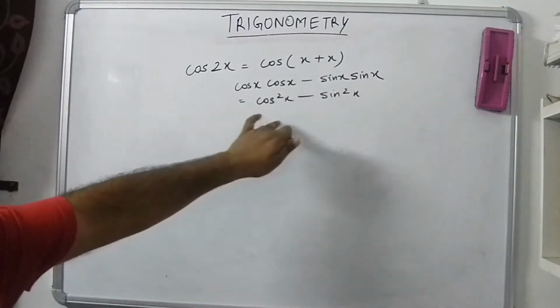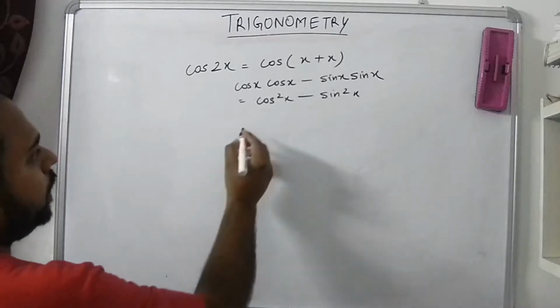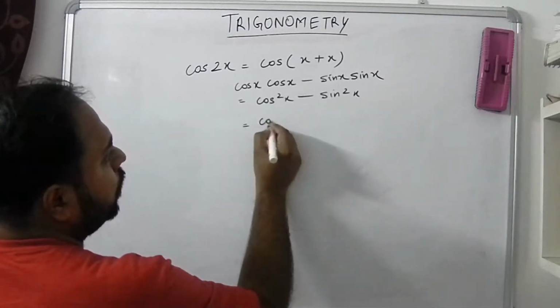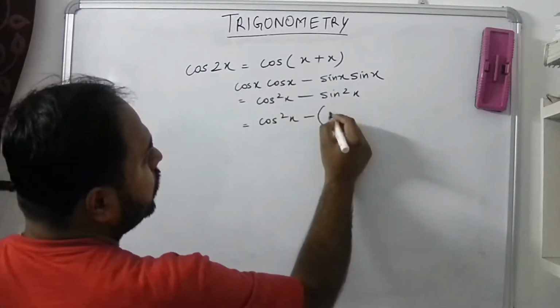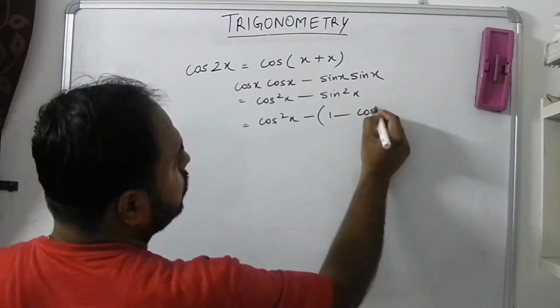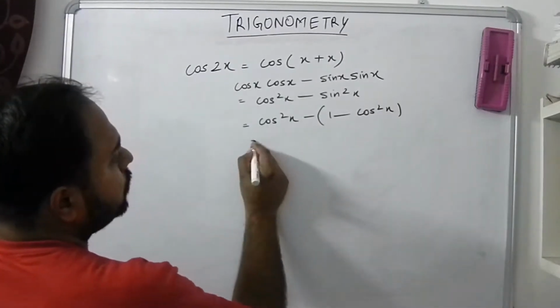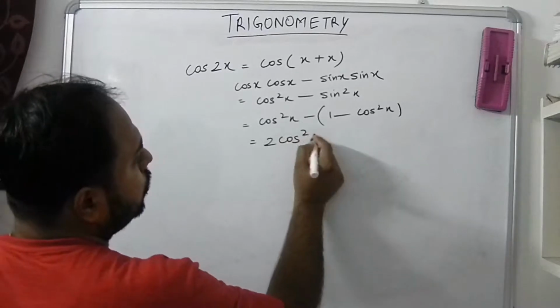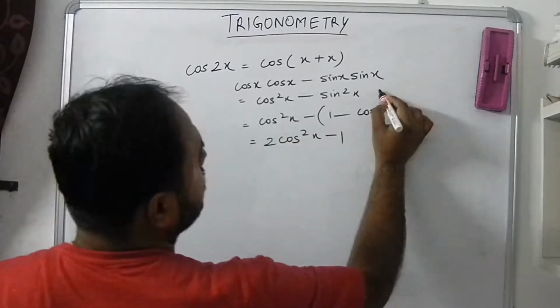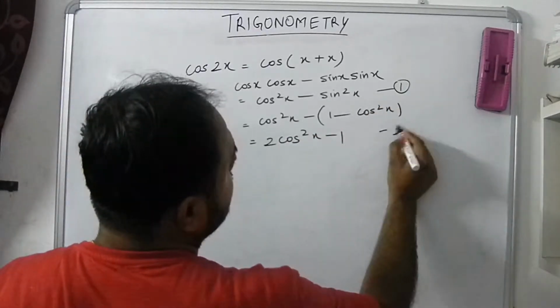Now we know that sin square x plus cos square x is 1. So we can replace sin square x by 1 minus cos square x. It becomes positive, so it becomes 2 cos square x minus 1. That is the second expansion.